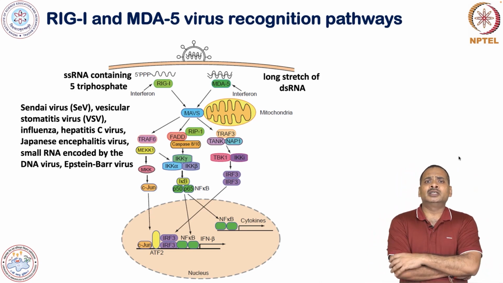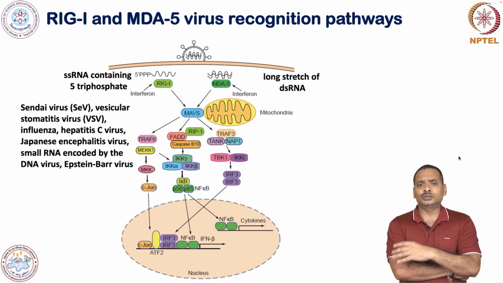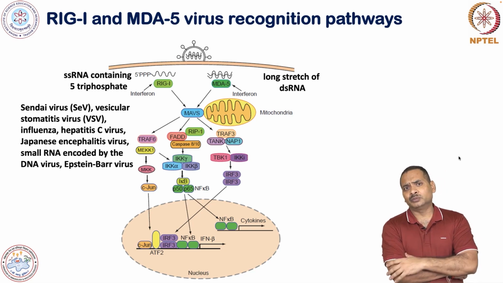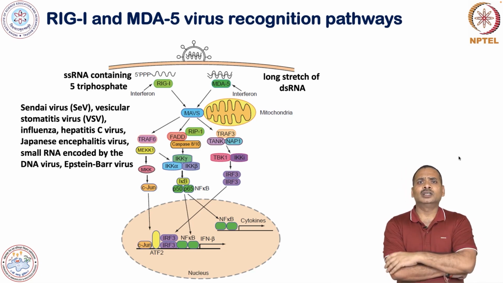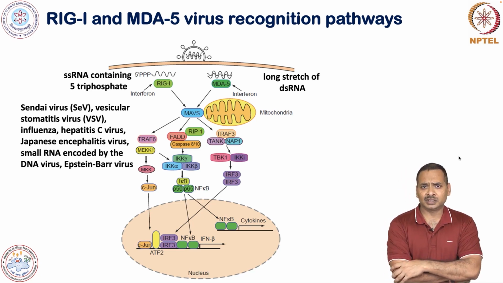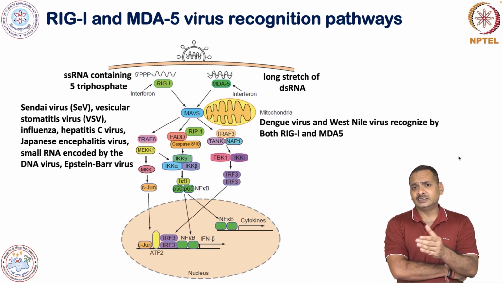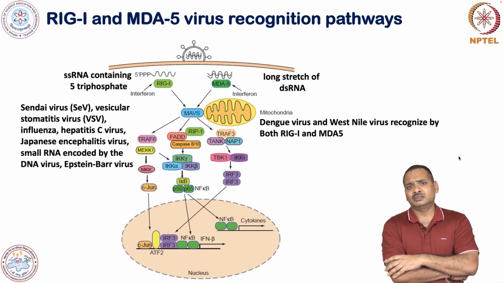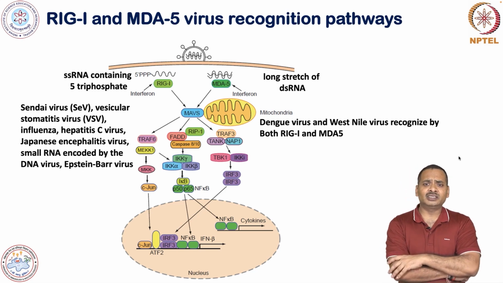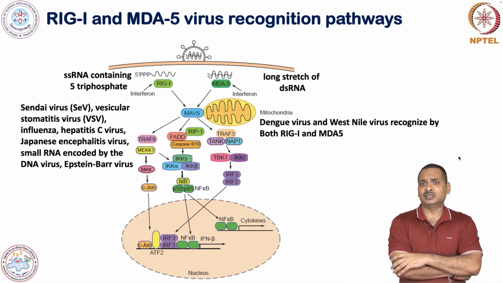You know that MDA5 also senses RNA molecules; basically it senses long stretches of double stranded RNA, and it can sense the dengue virus and West Nile virus.